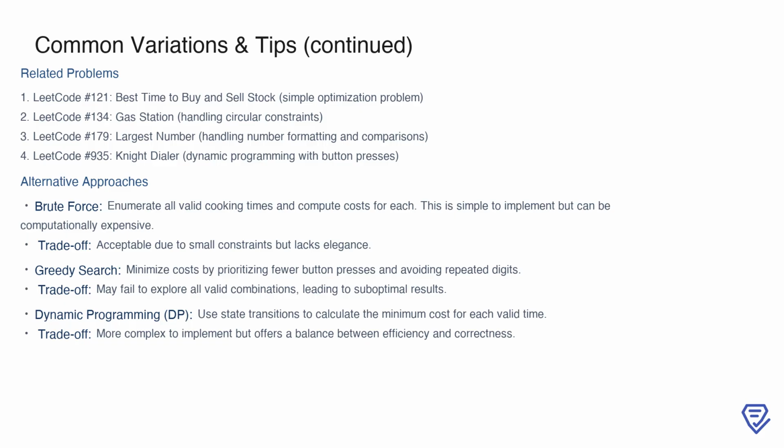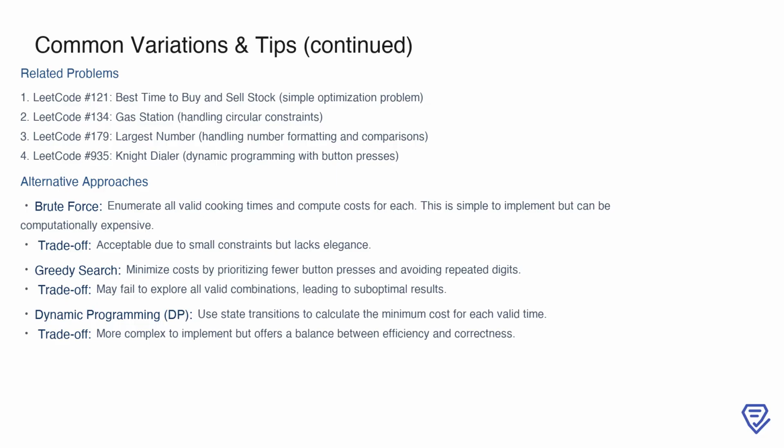This problem is also closely related to other challenges on LeetCode, which may help you draw parallels and refine your approach. For instance, LeetCode number 121, best time to buy and sell stock, is another example of an optimization problem. Similarly, LeetCode number 134, gas station, involves handling circular constraints, which can offer insight into edge case management.